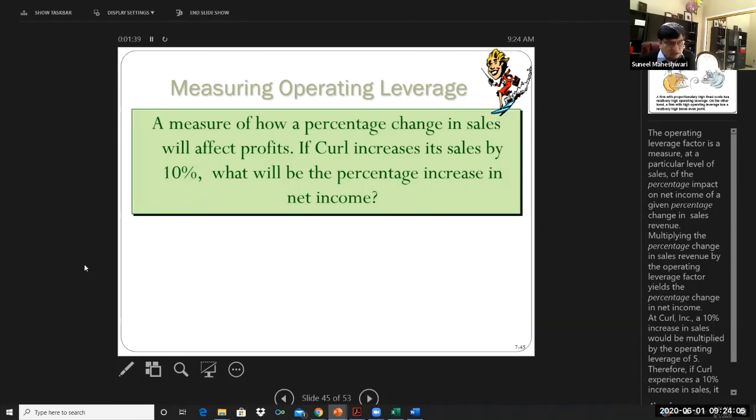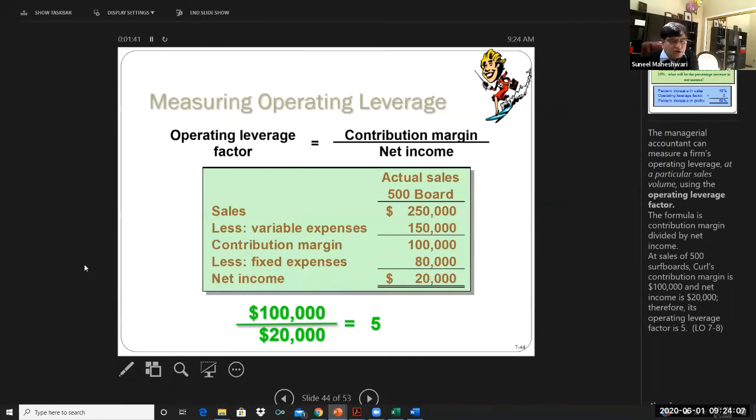So once again, your operating leverage is computed as contribution margin by net income. It will give you a factor. Depending upon your industry, some number might be considered very high, some might be considered low. It depends upon the industry to industry. So if your operating leverage relative to the industry is high, that basically means you are at a higher risk.